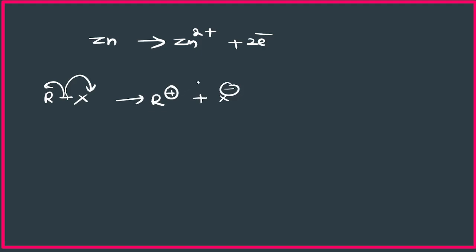R takes one electron, and on taking another electron it becomes R minus.